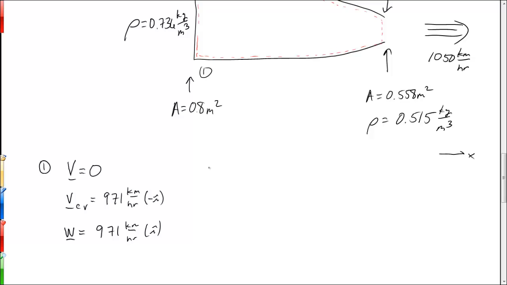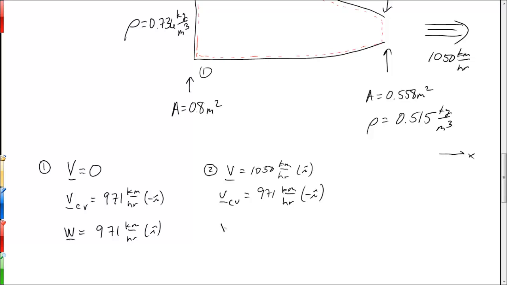At point 2, or at the outlet, cross-section 2, we know that from the perspective of the ground the exhaust is going to the right at 1050 kilometers per hour, and that's in the i hat direction. The velocity of the control volume, again, is 971 kilometers per hour, and that's in the minus i hat direction.